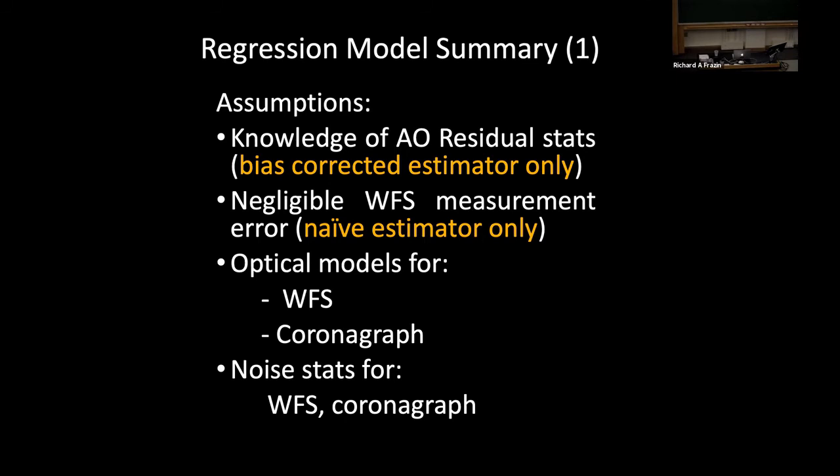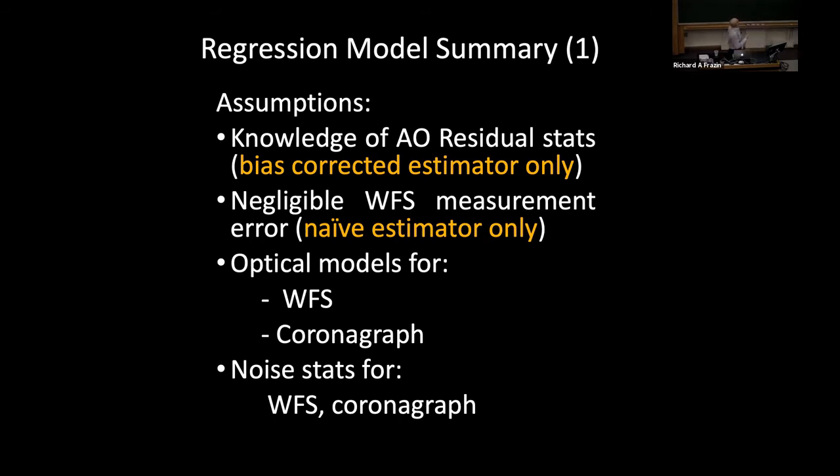I assume you know those statistics, and I leverage that to create one of the estimators, called the bias corrected estimator. But if you don't know what those are, but you can assume that the wavefront sensor is making a reasonable measurement of the wavefronts without too much inaccuracy, then you can use what I call the naive estimator. I'll show you more of that in a second.